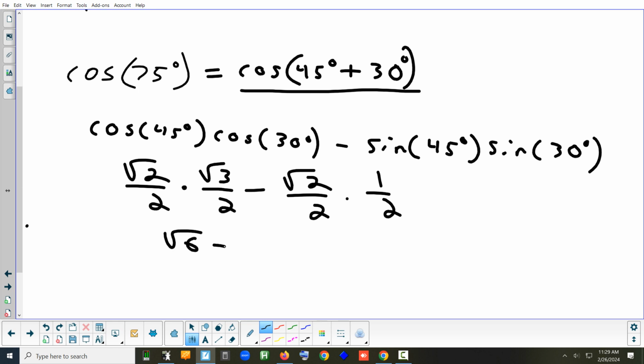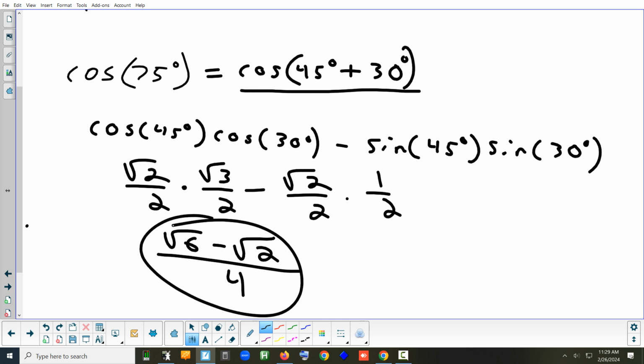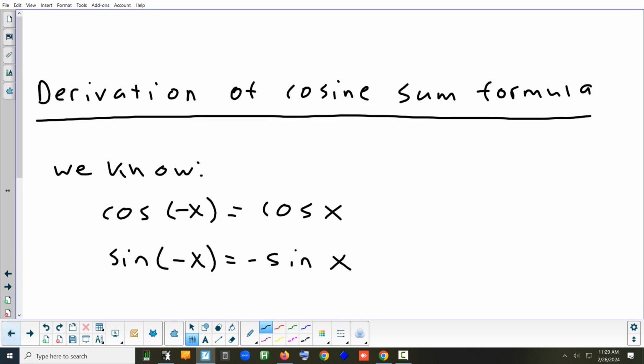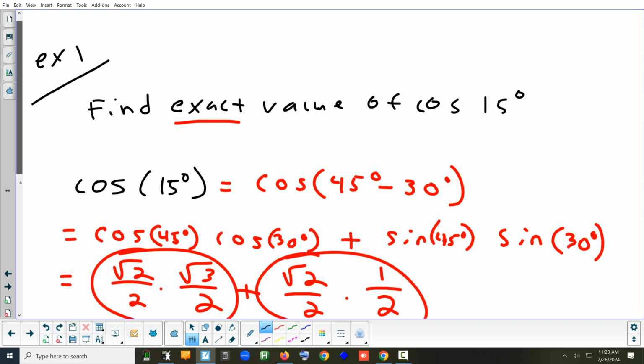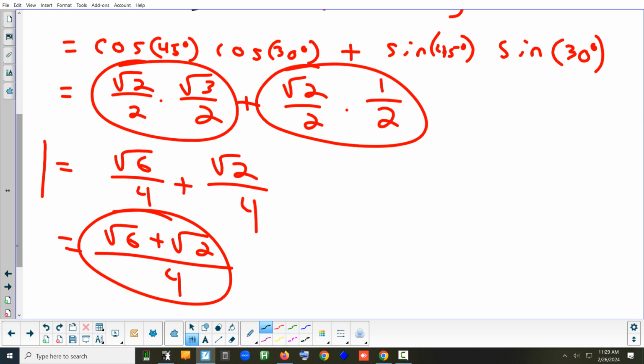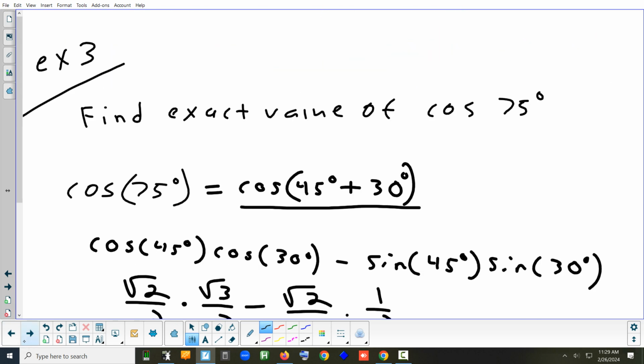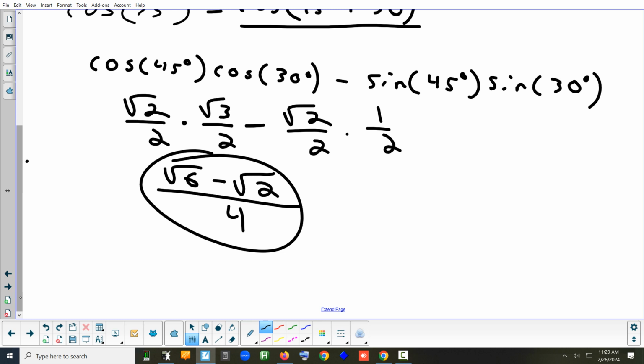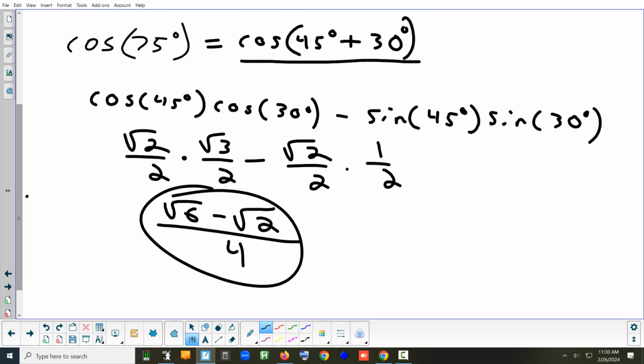So root 6 minus root 2 over 4. I think we had a plus in the first one, didn't we? That would make sense though, because 15 and 75 are probably the same coordinates, just switched. The x and the y just switch places.